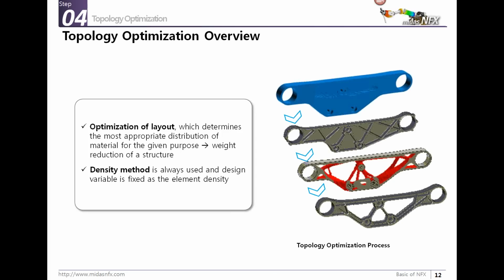The density method is always used, and the design variable is fixed as the element density. As you can see in the process here, you first have some kind of topology optimization, and the model gives you a final shape like that. Then the CAD is modified to take account of this shape, and then a second topology optimization is done in order to get the final model.